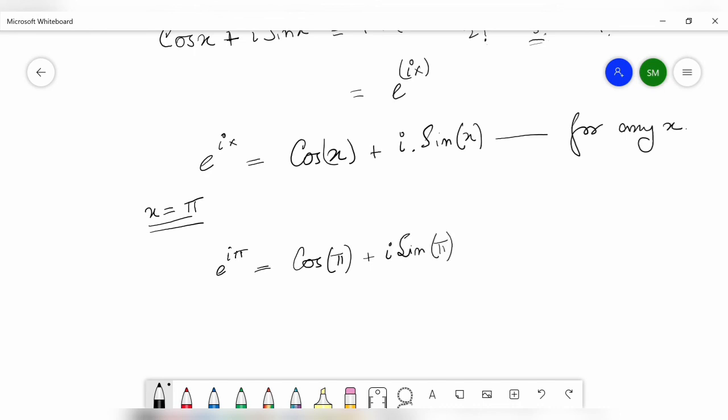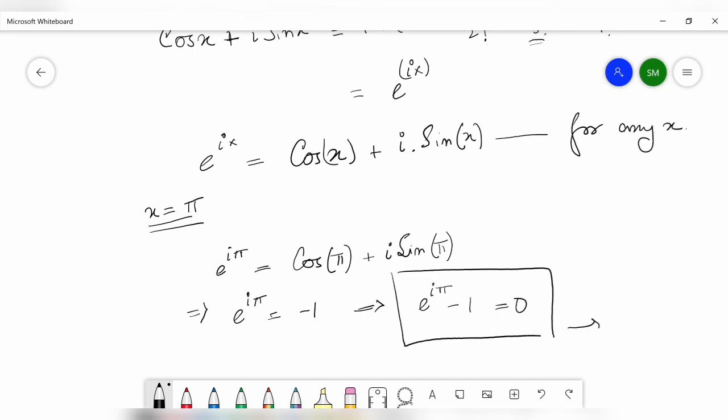And as you know, sin pi is 0, and cos pi equals -1. So you get e to the power i pi equals -1, or you can alternatively write this as e to the power i pi plus 1 equals 0, and here it is, Euler's formula.